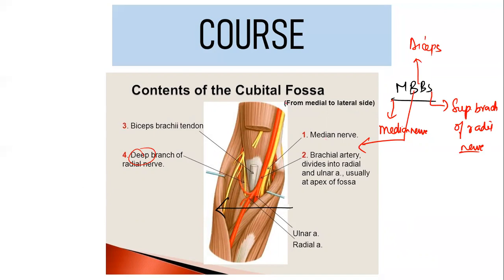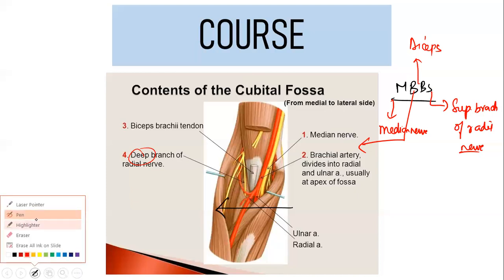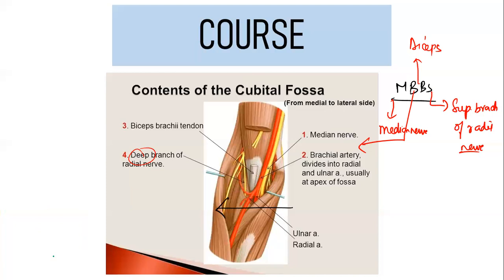Now if you appreciate the median nerve, it has crossed the brachial artery in the lower half of the arm and it has entered into the cubital fossa. We saw it lies medially. Now in the cubital fossa, it gives rise to certain branches. As to what muscles it supplies, it gives branches to the superficial flexors.